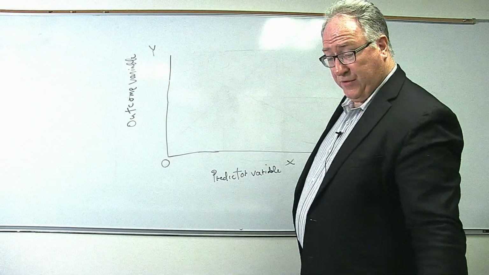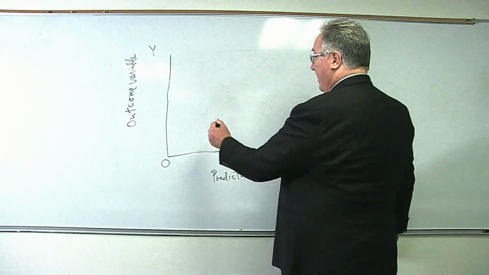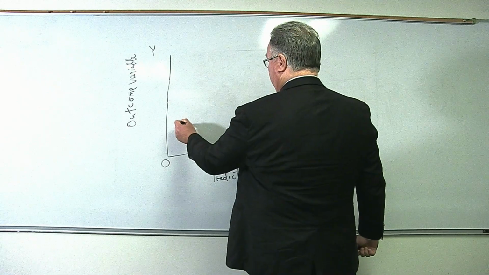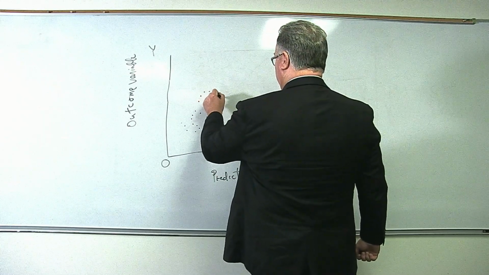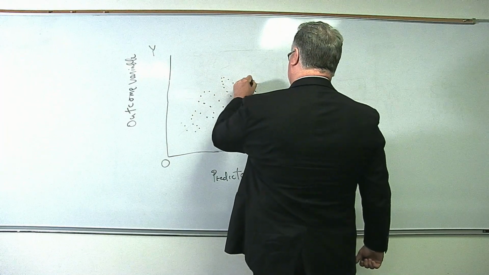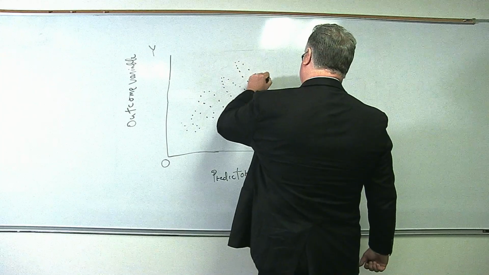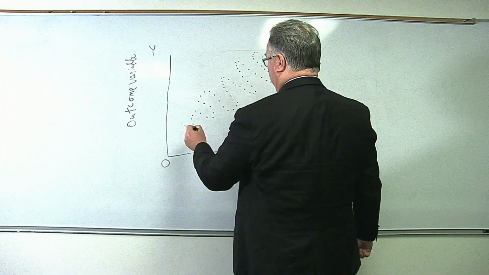And returning to the example I showed you originally, it looked like this. And by the way, this is a pretty strong linear relationship because the dots don't vary from each other all that much.